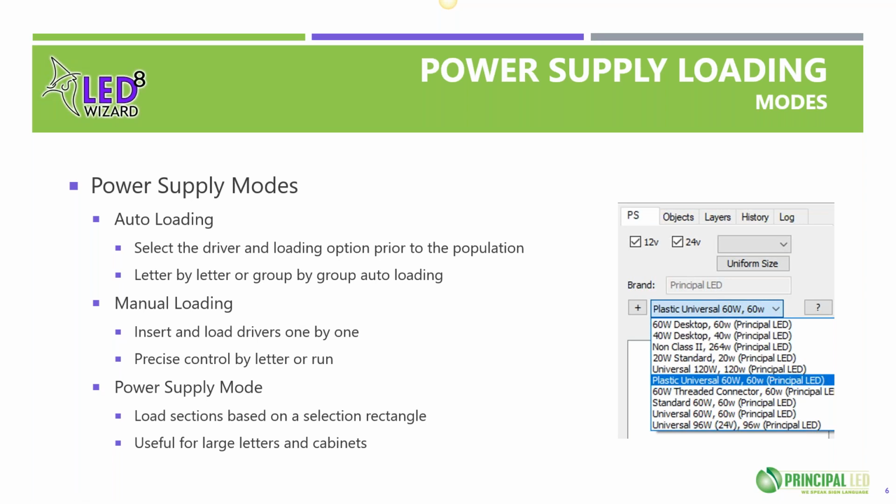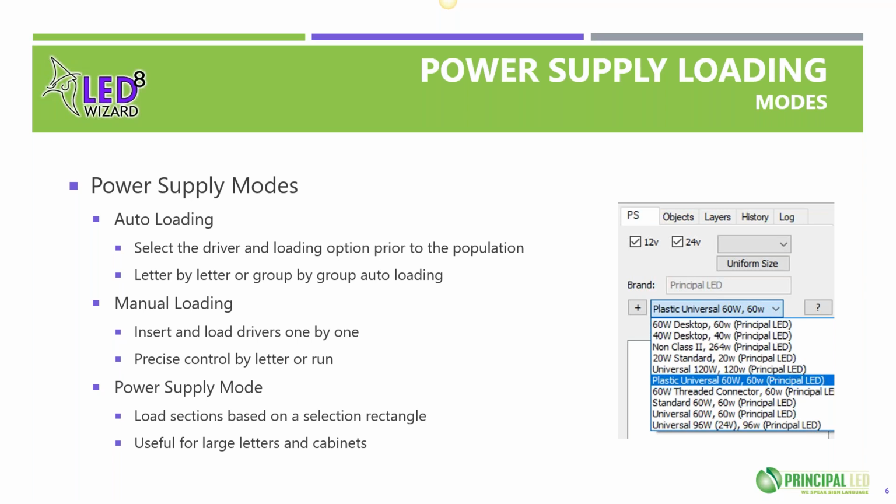Now there's another option called power supply mode, and I'm not really going to focus on this too much because I don't think it's used a whole lot. But essentially, if you have a really big cabinet or a really big letter, then you can use power supply mode to make a selection of modules that are not based on the run.